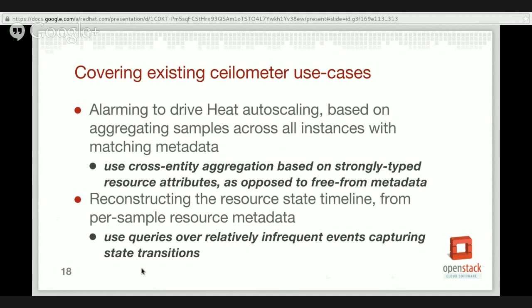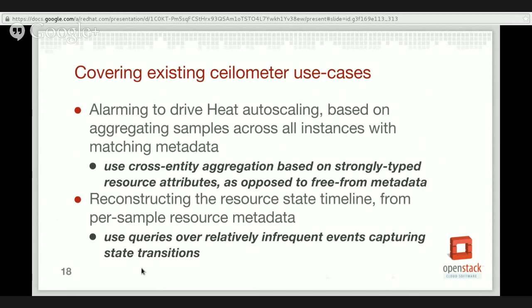So basically we do continue to support that. And basically we use two key aspects of Gnocchi to make it happen. One is the ability to do cross-entity aggregation or cross-metric aggregation. And second is basically the ability to store strongly typed attributes associated with an individual resource.